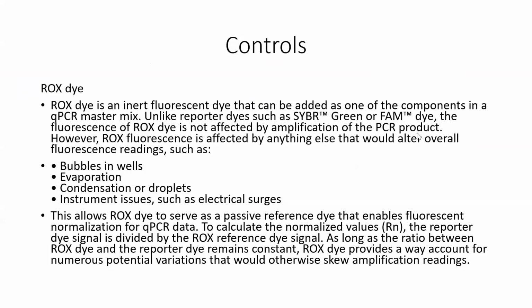So what does it tell us? Anything, for example bubbles in the well, evaporation, condensation, or droplets, or instrument issues, for example if there is an electric surge or something like that, you would be able to see with the reading of ROX. So it is also used as a passive reference dye that enables the normalization of qPCR.